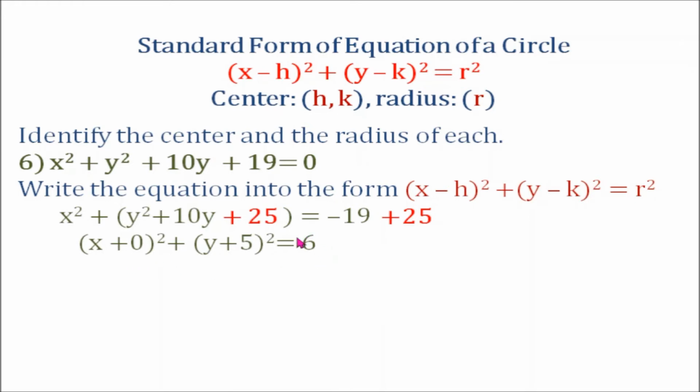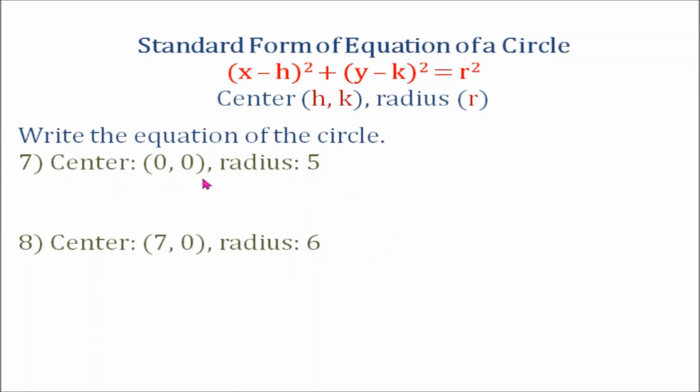So notice here that 6 is not a perfect square. So what shall we do? Our center has coordinates 0 and -5, and our radius is just square root of 6, because 6 is not a perfect square.